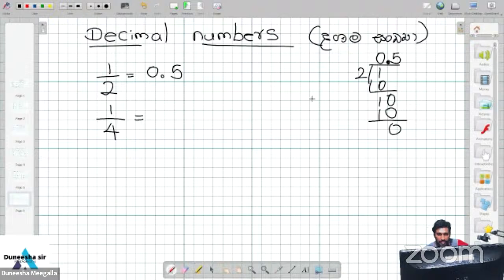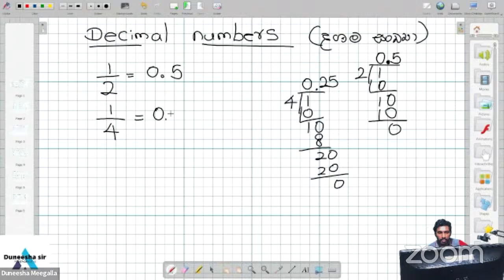Then we take 1 divided by 4. How many 4s per 1? 0. Then 4 multiplied by 0 is 0. Then 10, 20. How many 4s per 20? 5. Then 20. Okay, 0.25.